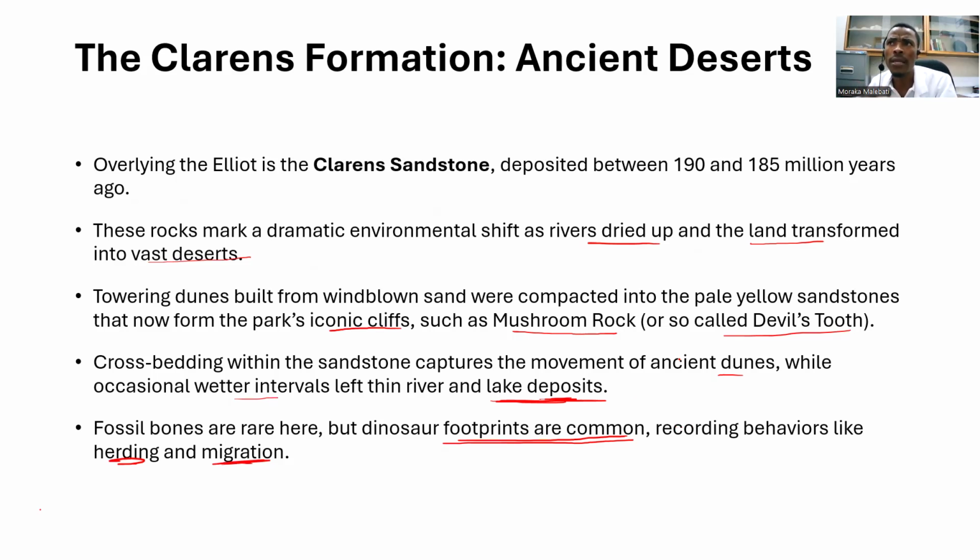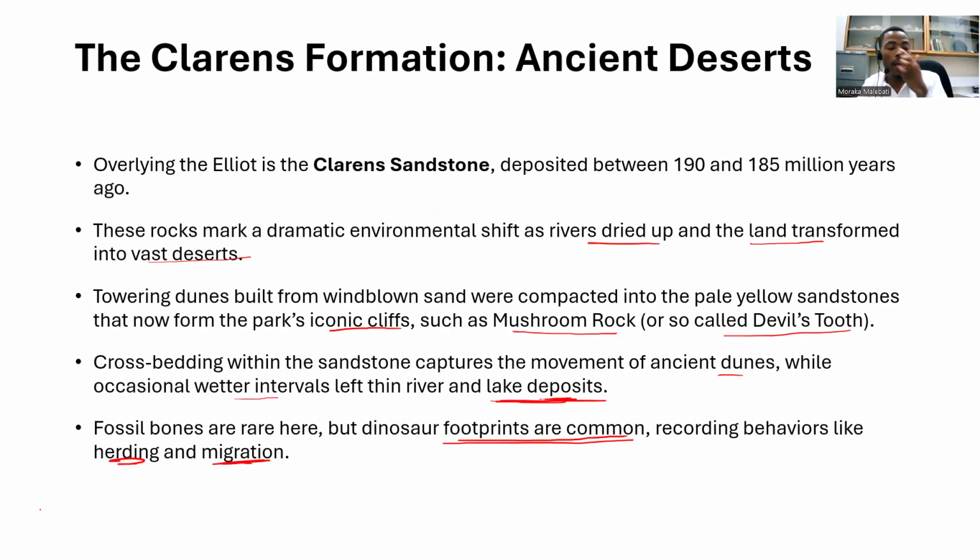Think about this. We are in the floodplain. We had food for these dinosaurs in the Elliot, and they were there enjoying life. But now the environment becomes warmer and drier.